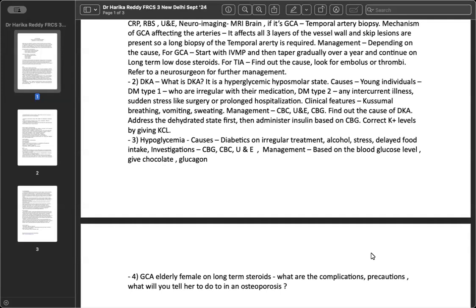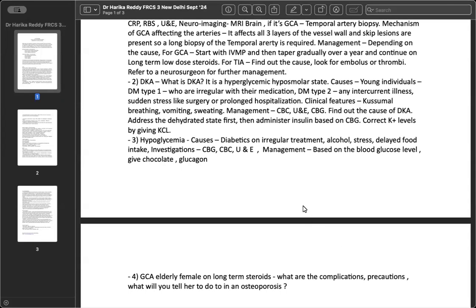He seemed happy with that answer. Then he asked me, what precautions will you give? I told him that because she's on steroids, it's better for the patient to not live alone and to have a support system, so that if she falls or something, there will be someone to help her. So those were my two cases.